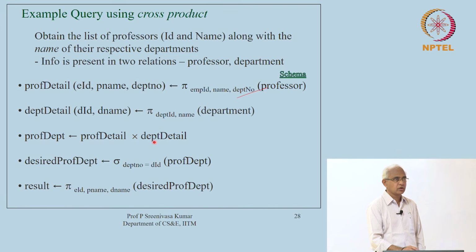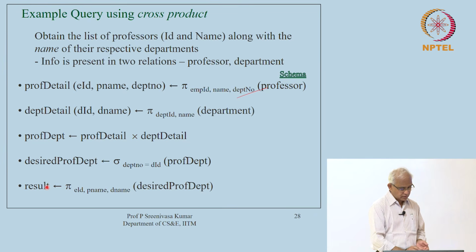And since the cross product produces a lot of combinations of tuples which are not really meaningful, we are going to impose this condition that department number should be equal to department ID, and only such combinations are meaningful for us, and we are calling that desired professor department. Then from there we are projecting whatever attributes we actually require: the EID, PName and DName.